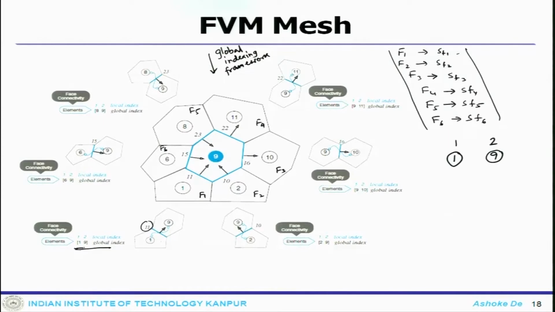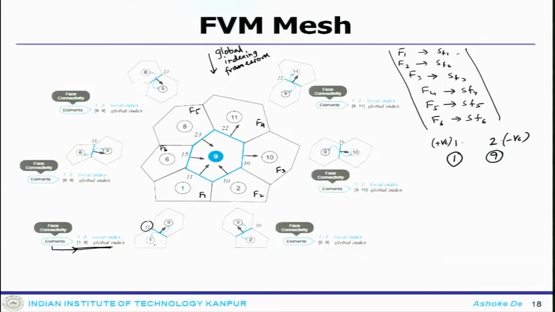This global indexing of the element is very important, because whenever we have assigned local indexing 1 and 2, 1 means the surface vector would be positive sign, 2 means the surface vector would be negative sign. Obviously it is up to the user how he translates these things in his programming, but this is typically the convention between two elements.